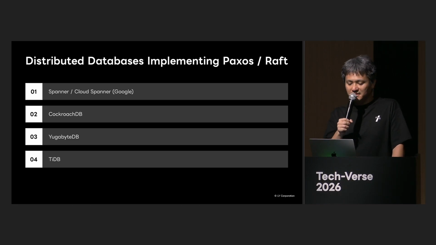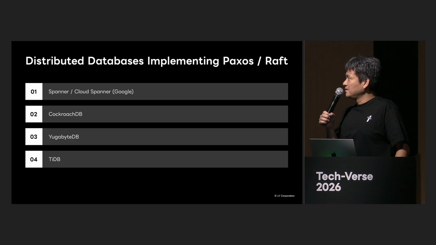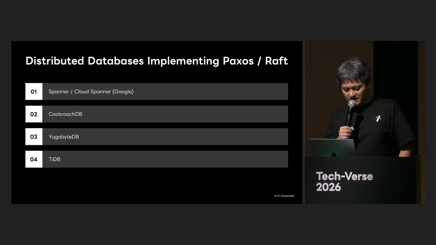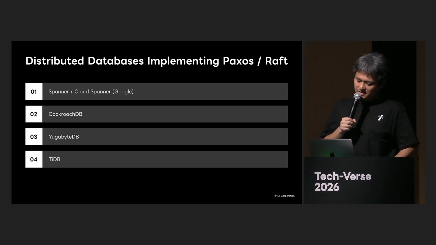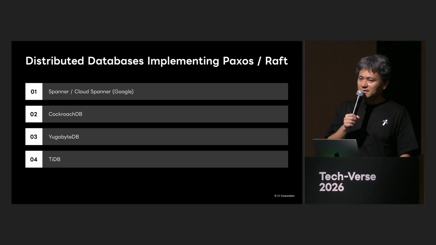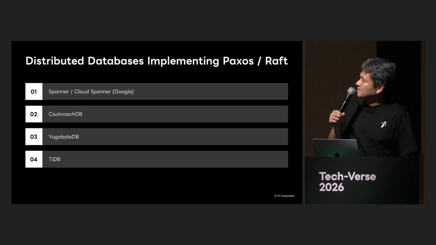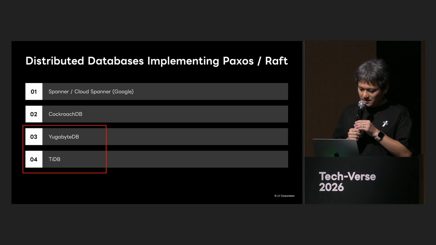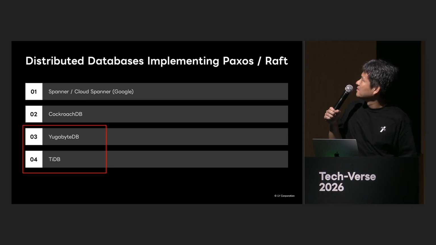Since it can only be used by Google Cloud users, we have excluded it from our selection this time. The second one, CockroachDB, I think this is also a very good product, but during our selection process, there was a license change. Since it is no longer open source, we have excluded this from our selection as well.